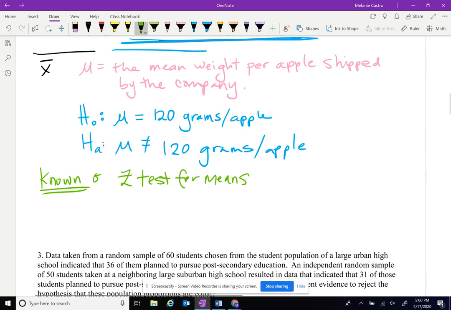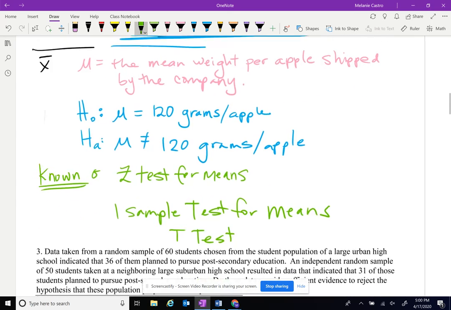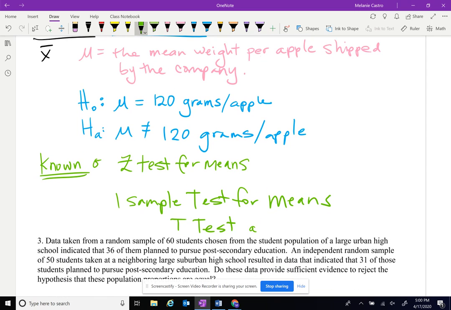So a better option would be just having a one sample t-test for means. And if you're looking on your calculator, it would just be a t-test. So lots of different options there. They didn't state which significance level to use, so I would say an alpha of 5%, because that's traditional.